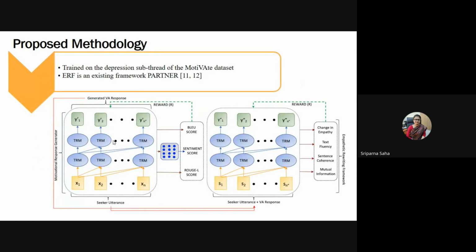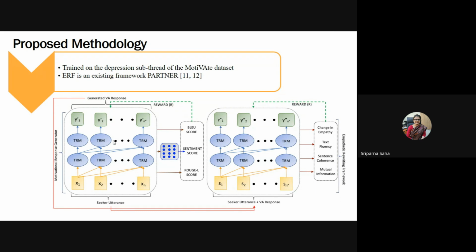So we have two modules. One module generates motivational responses, which is very similar to our previous one, with three reward functions: BLEU based reward, sentiment based reward, and rule score based reward. This is a transformer based module, and we use it to generate motivational responses.